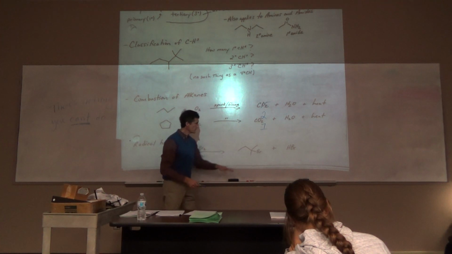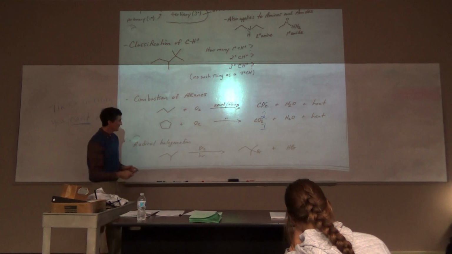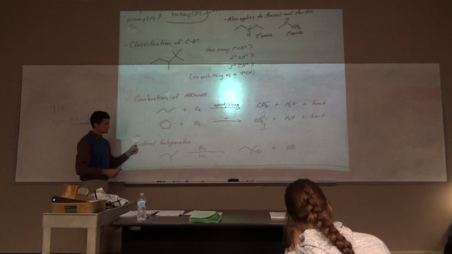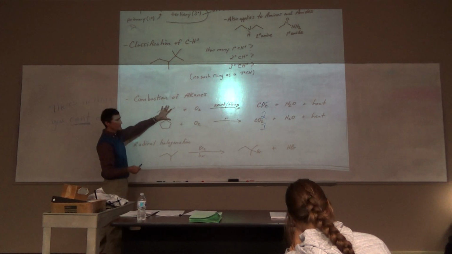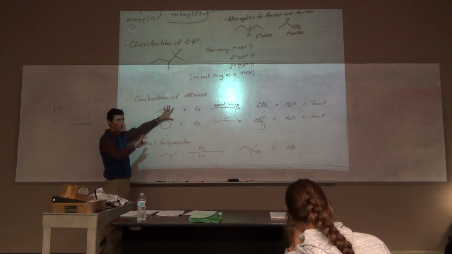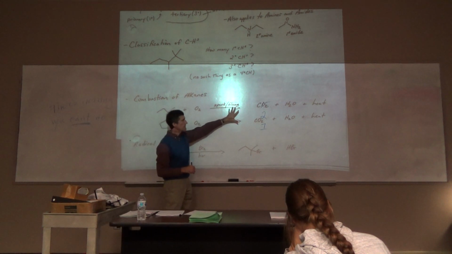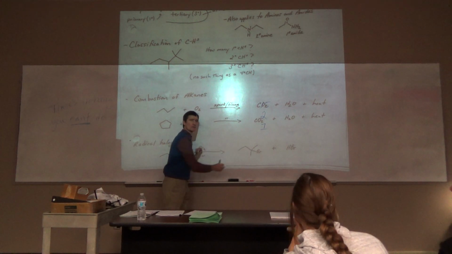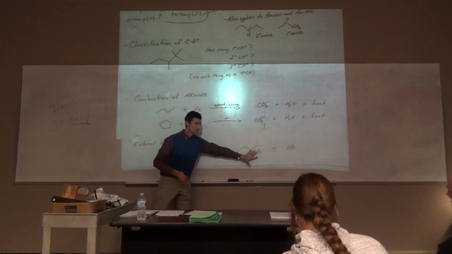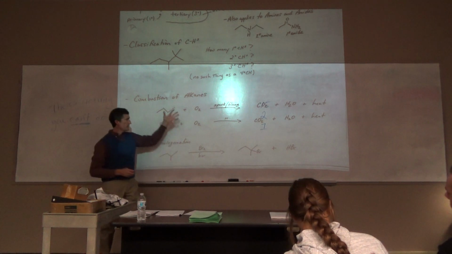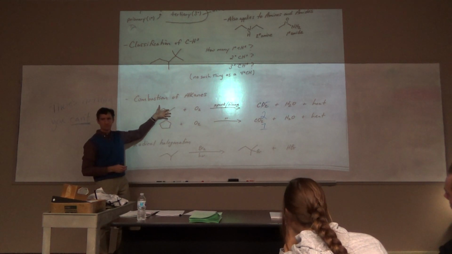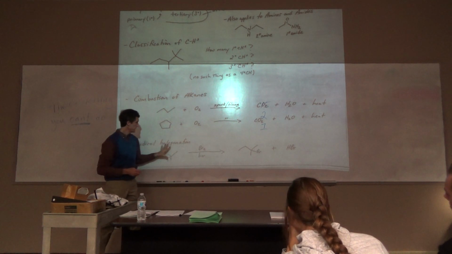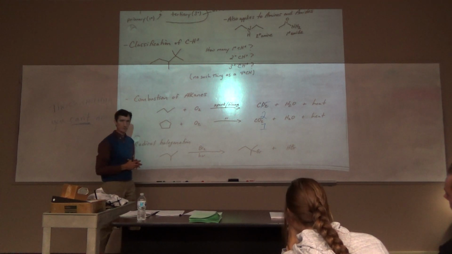We can get a substitution reaction here and produce HBr. That is a radical reaction. Combustion tends to be very uncontrollable. It's going to go all the way to full oxidation. You can't stop it. Boom, it's done. Halogenation is more controllable, and we can get controlled products where the carbons are still intact. Up here, all the carbons are cleaved. We'll look at radical halogenation near the end of the course.